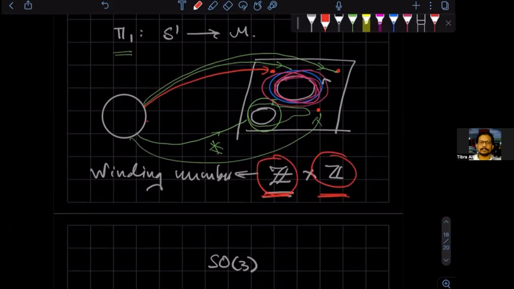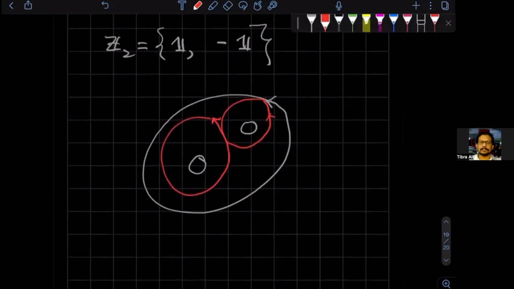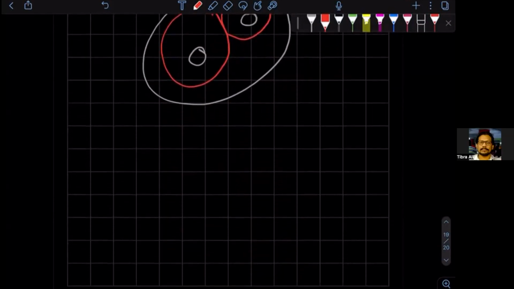SO3 doesn't have any holes. It's just not a simply connected space. I see. Okay. It's like a torus, right? A torus doesn't have any holes, right? In that sense.